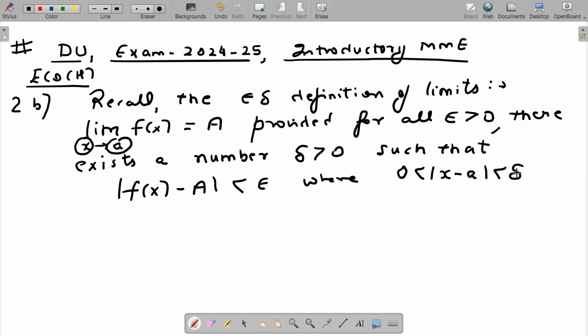I'm repeating the epsilon delta definition again. When I say that as x tends to small a, f of x tends to capital A, what does it mean in epsilon delta terms?